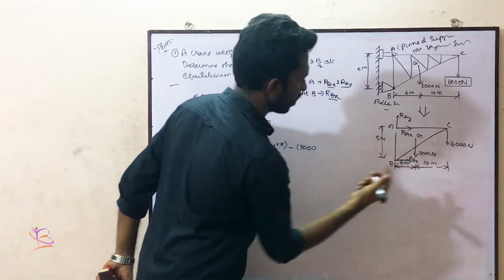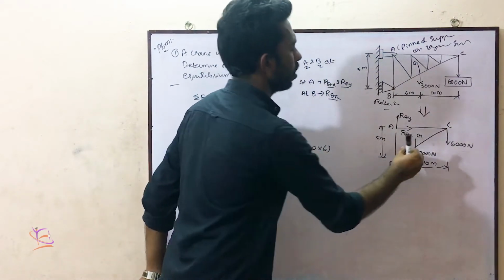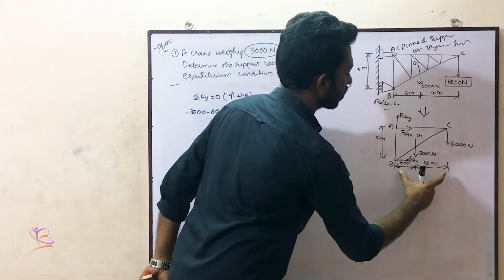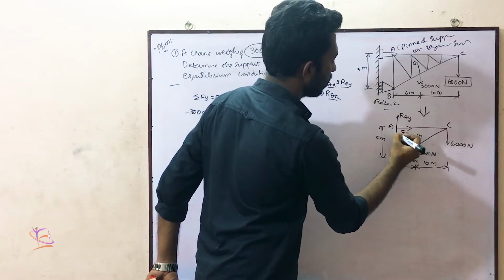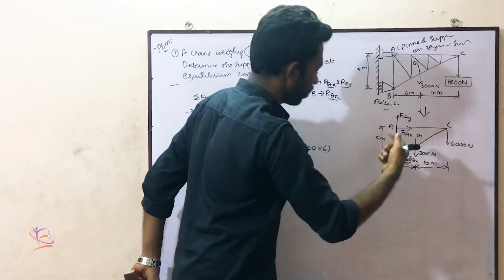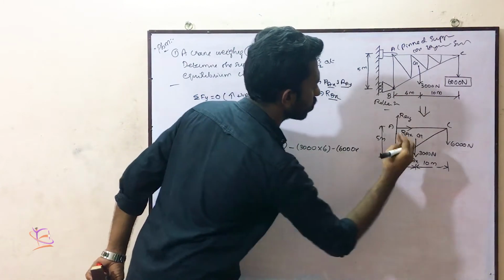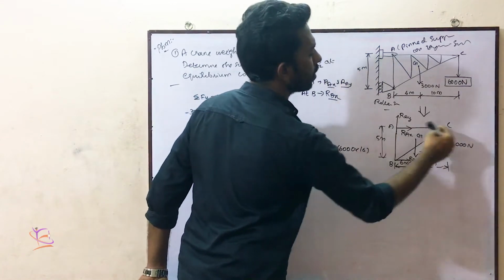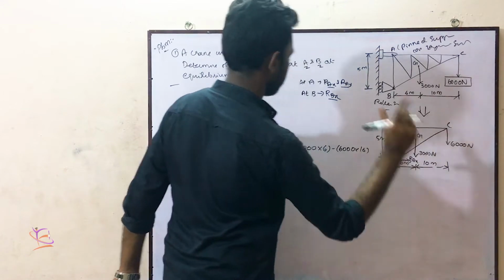The distance is taken as 6 meter. It is given here, 6 meter horizontal distance. Now this vertical force 6000 is acting in the downward direction, so the distance is 16. This is clockwise direction, so again minus 6000 into 16.